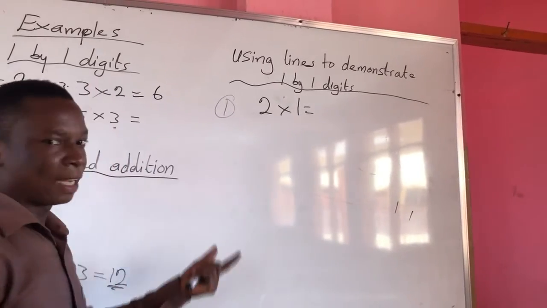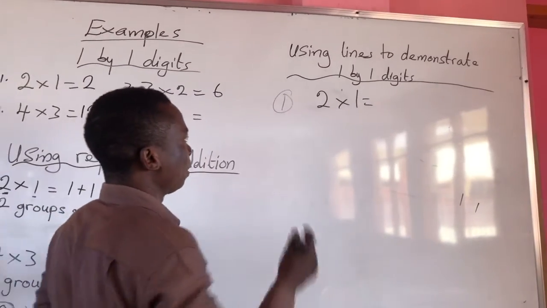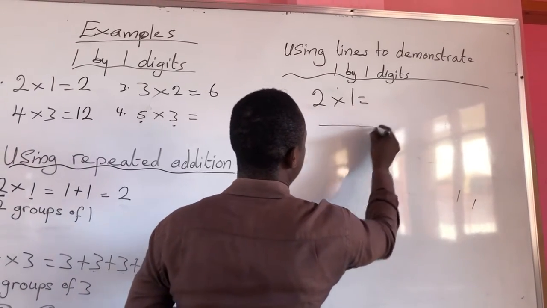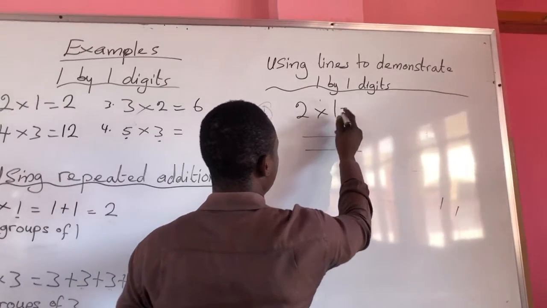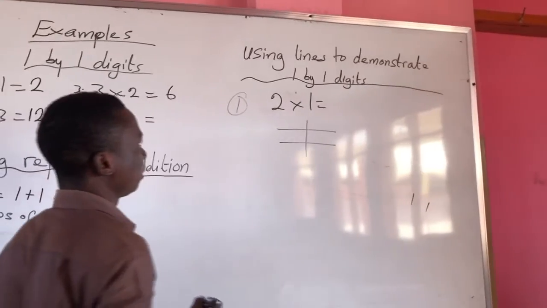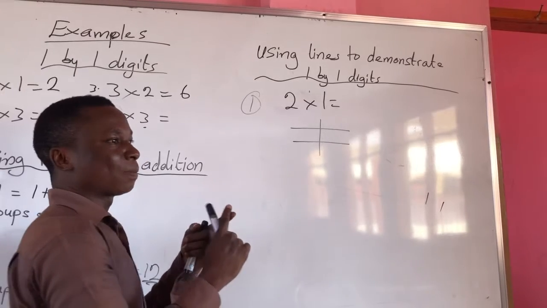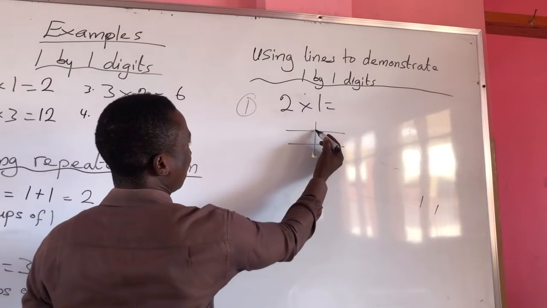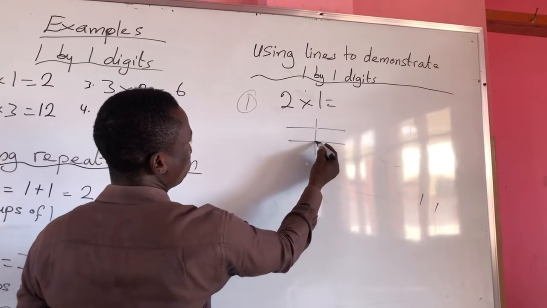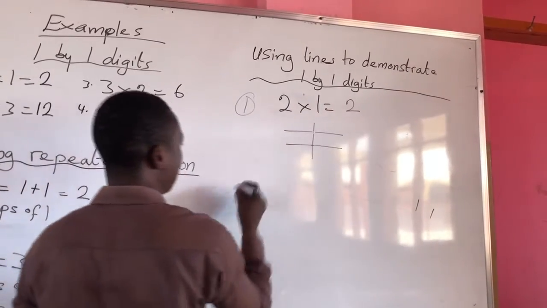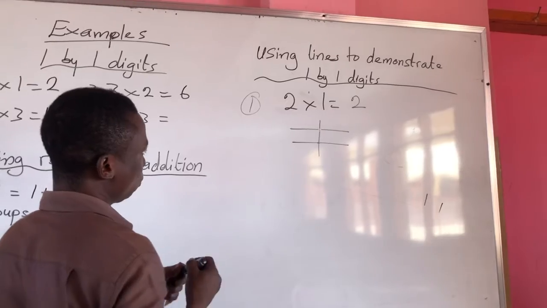We can use lines to represent this. How many lines do I have here? 2. 1, 2. You draw your lines, this is 1. Now what you do is you count the joint where the lines meet. 1, 2. So you write your 2 down.